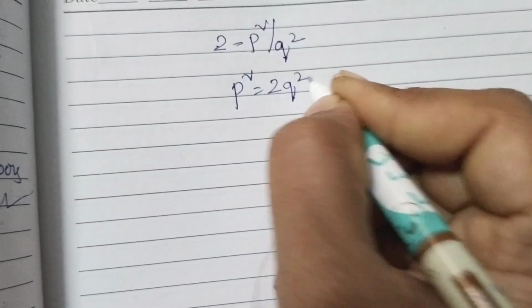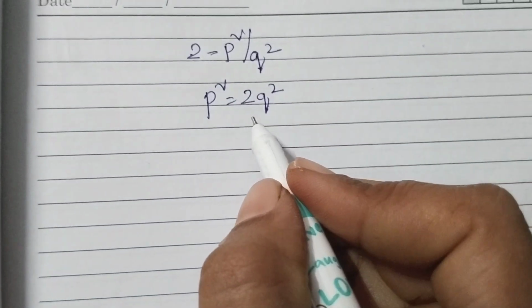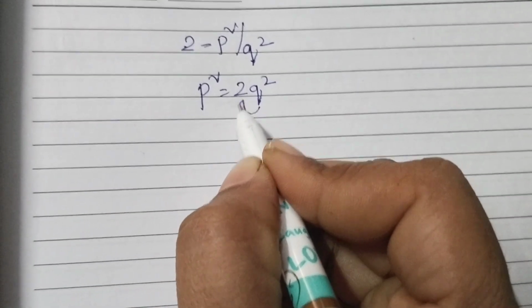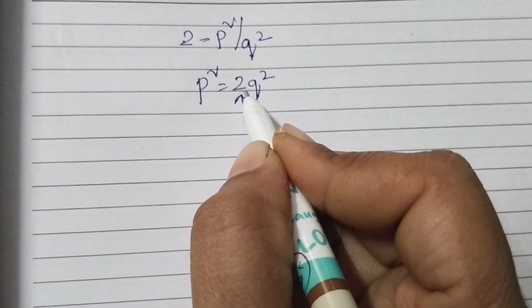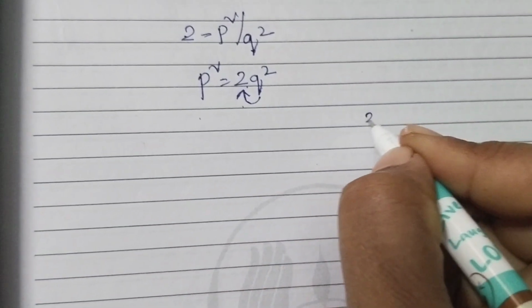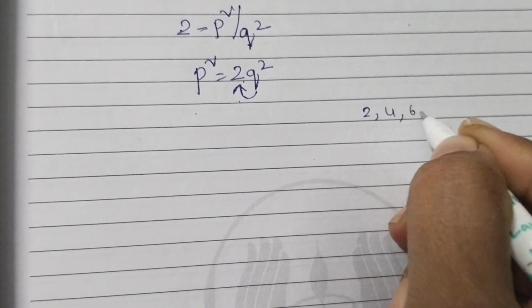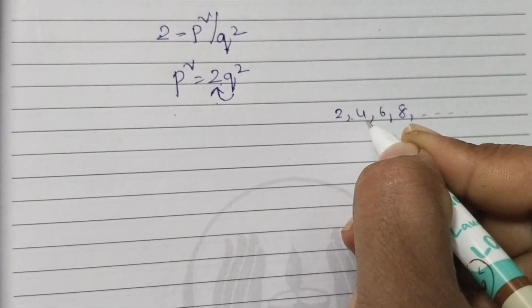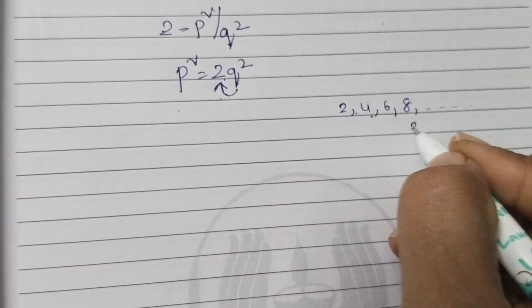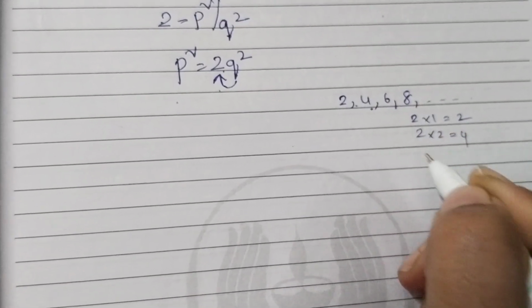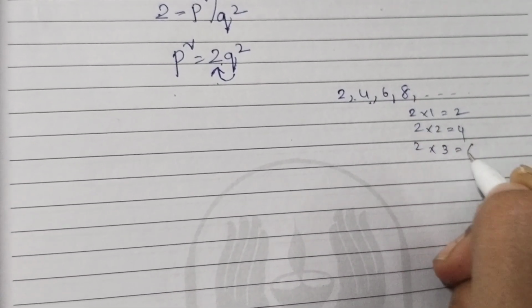I think all of you know that if any number is a multiple of 2, then that is an even number. If you see 2, 4, 6, 8, these all are multiples of 2. 2 ones are 2, 2 twos are 4, 2 threes are 6.